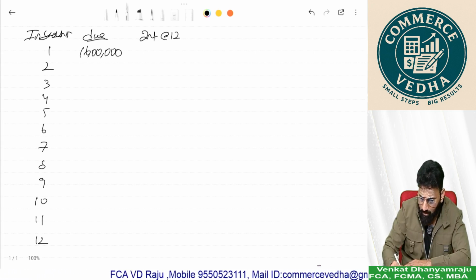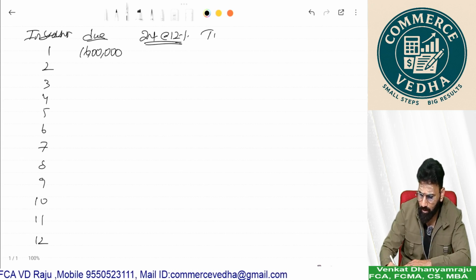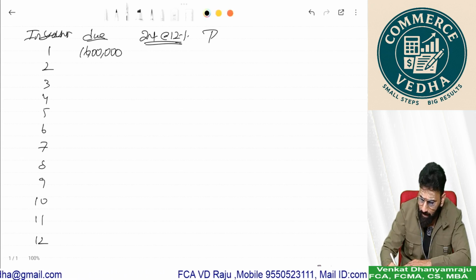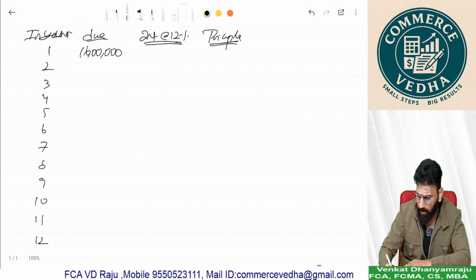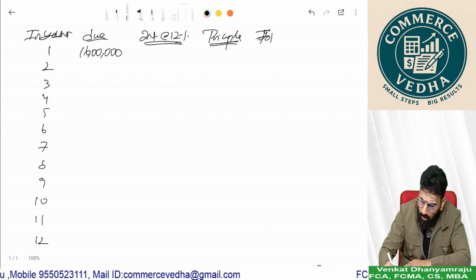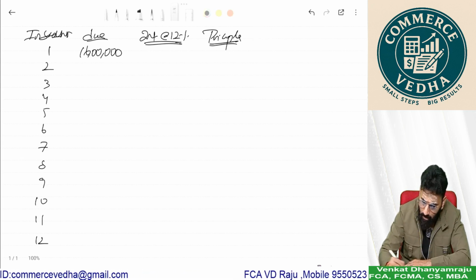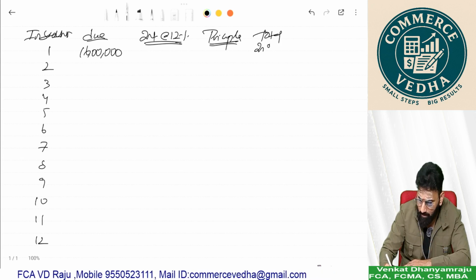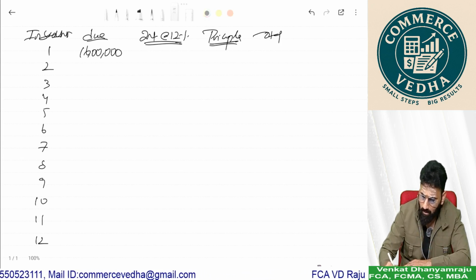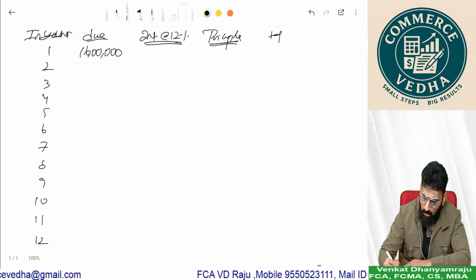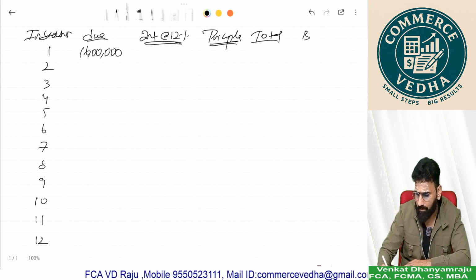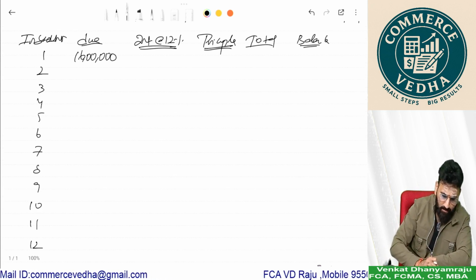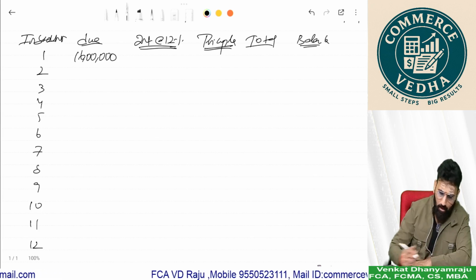Interest at 12% and total we'll say here principal and then total principal and then total installment and balance. Very simply, 16 interest here is how much? 16 lakhs into 12% into 3 by 12, 48,000.